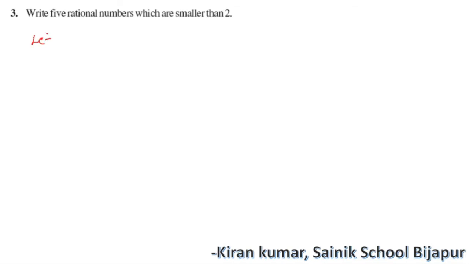Let 2 be written as 20 upon 10. Hence, the number 1 by 10 is smaller than 20 by 10.